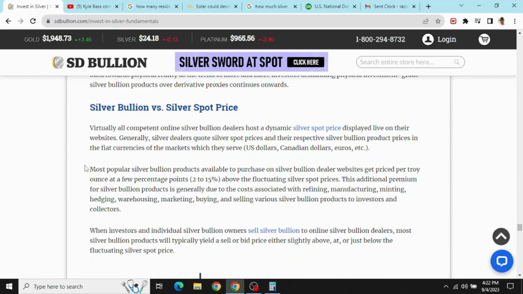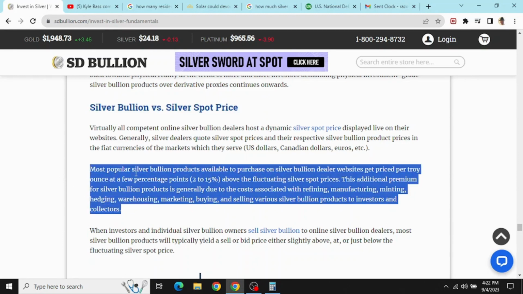And I think the key to that section is right here, where most popular bullion products available to purchase on silver bullion dealer websites get priced per troy ounce at a few percentage points above the fluctuating silver price. This additional premium for silver bullion products is generally due to the costs associated with refining, manufacturing, minting, hedging, warehousing, marketing, buying, and selling various silver bullion products to investors and collectors.